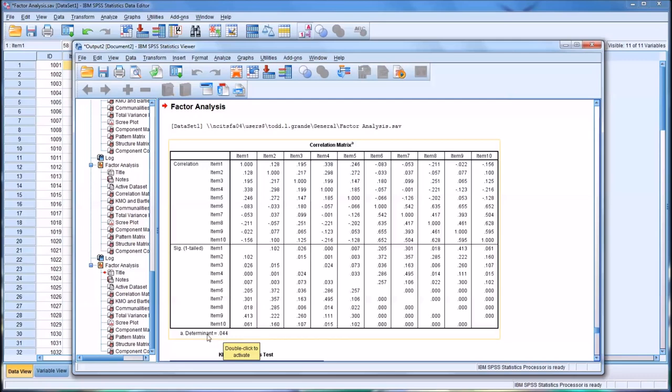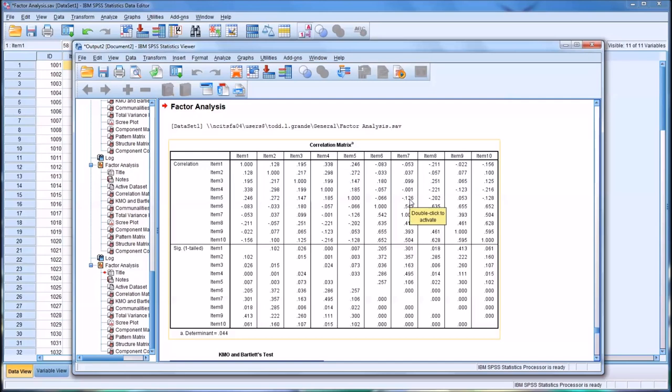If it was below 0.00001, then the items are too unrelated. The correlation's too low. Another area we want to look out for is correlations that are too high, what's called multicollinearity, right? When two items' shared variance is too high, they're explaining the same thing.